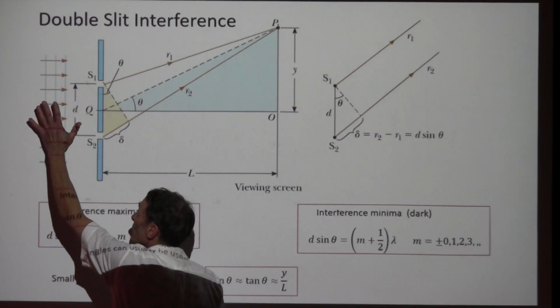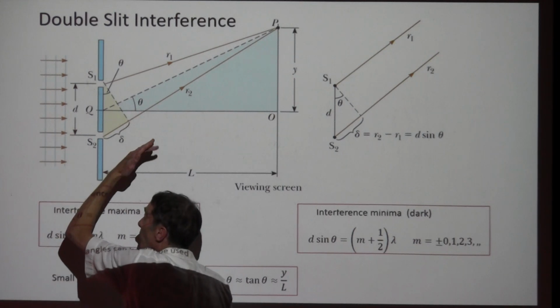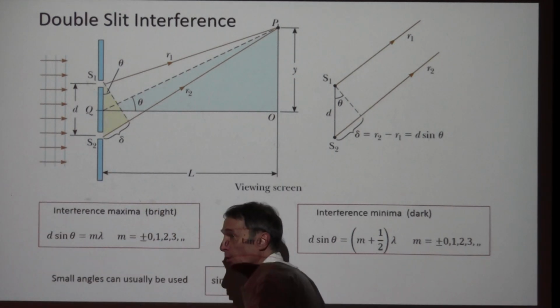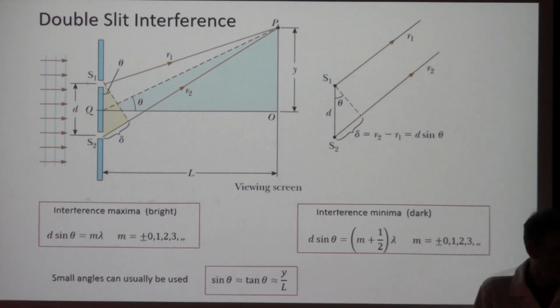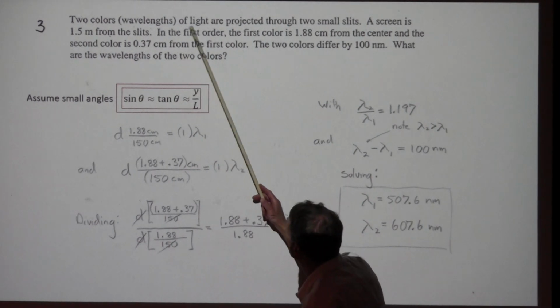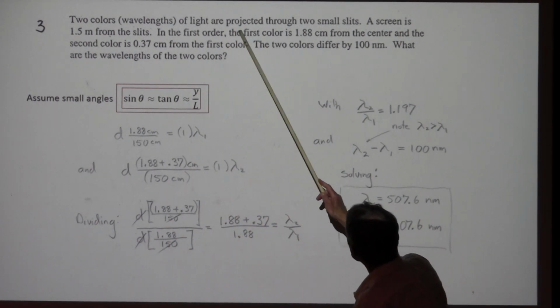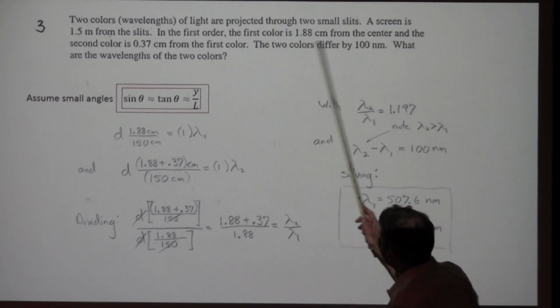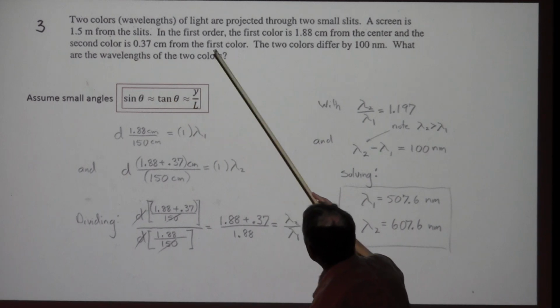So you can use any number of wavelengths coming through, as well as white light, which is composed of all the wavelengths. So don't be thrown by the idea that he's sending through two different colors. Maybe he's got two lasers, a red one and a green one. He's going to shine it through the slits, and a screen is a distance L from the slits.